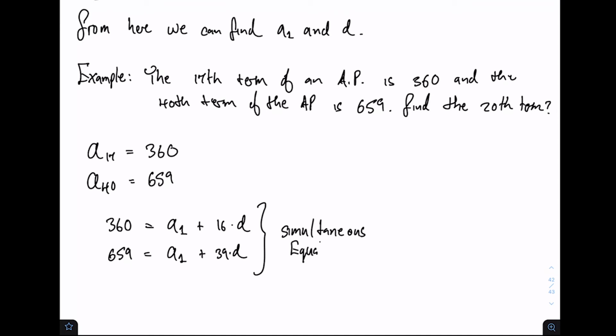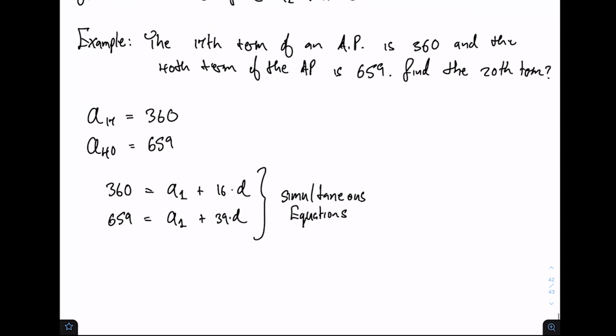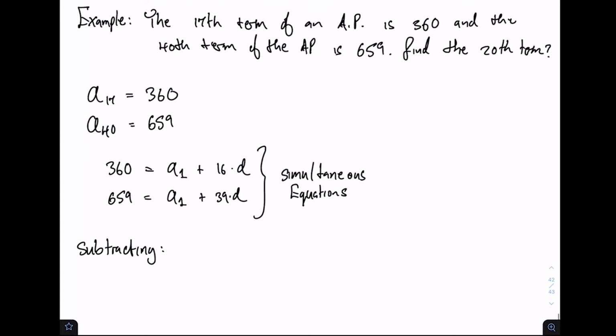We have a system of simultaneous equations there, and what we now need to do is solve for a and d. We're going to be using the method of elimination, and we can subtract equation 1 from equation 2. This means we take 659 take away 360, which is equal to a sub 1 minus a sub 1 plus 39d minus 16d.